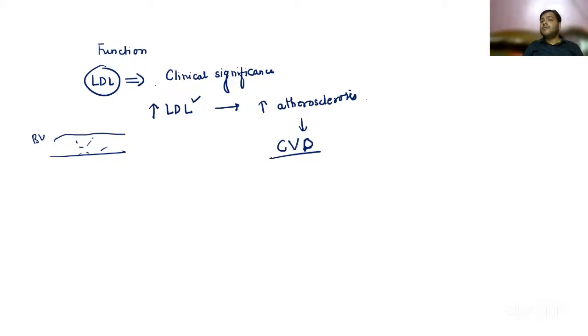Cardio means heart, vascular means the blood vessels, the arteries and veins supplying the heart. There will be plaque formation, the blood supply will decrease, and the heart supply will be hampered. So increased LDL is always a risk for cardiovascular disorder.